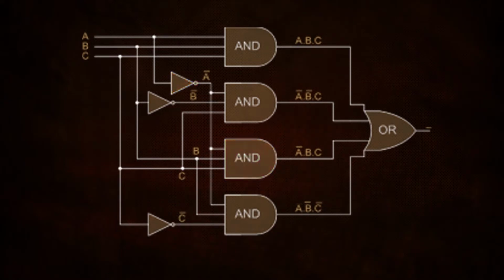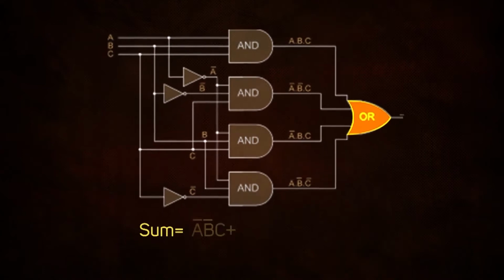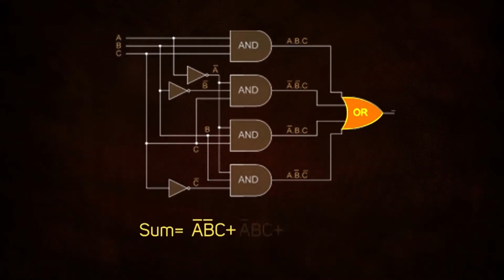Then A, B complement and C complement go to the third AND gate that generates A B complement C complement, and the last term ABC is generated using the fourth AND gate. These product terms are fed into an OR gate to get the sum A complement B complement C plus A complement BC plus A B complement C complement plus ABC.